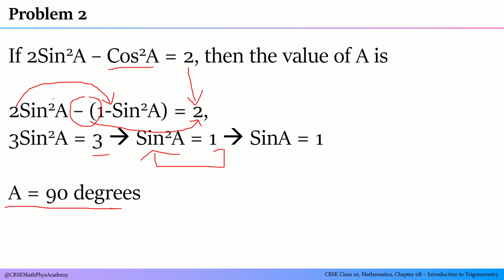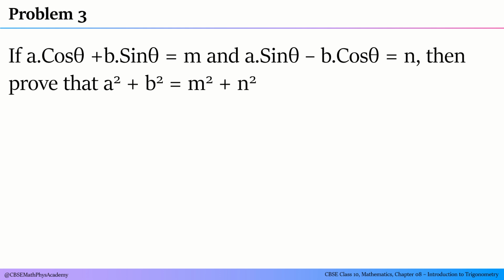So basically in this problem you see a mix of trigonometric identities as well as the specific values at specific angles. So it's a mix of both concepts. Now problem 3. Now the equation looks big. No worries, it's quite simple and straightforward.